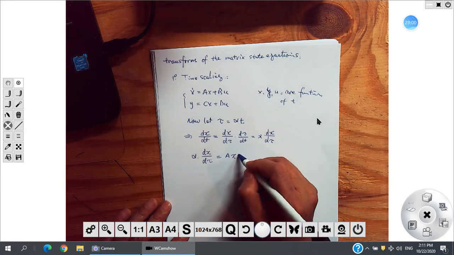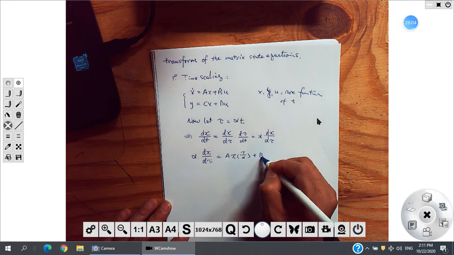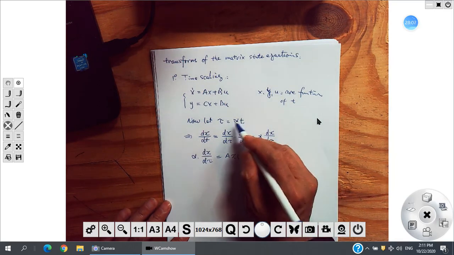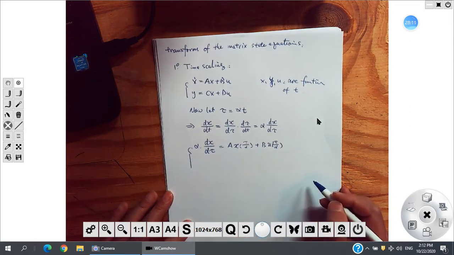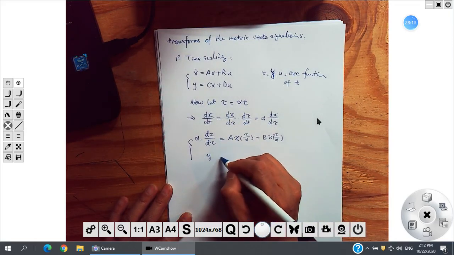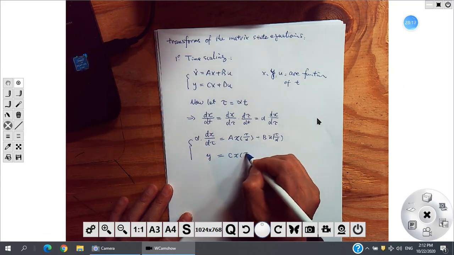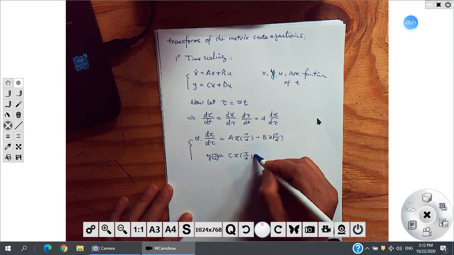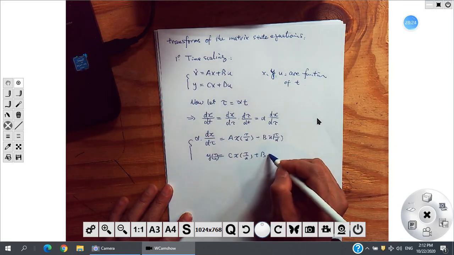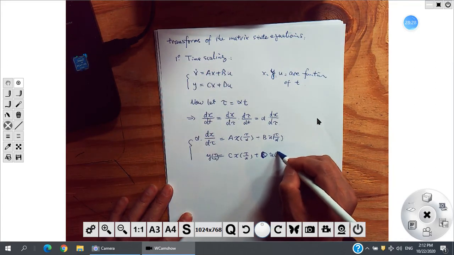So actually this is tau over alpha plus b. U is also t replaced by tau over alpha. And y will be cx tau over alpha. This is also tau over alpha plus b times d times u of tau over alpha.